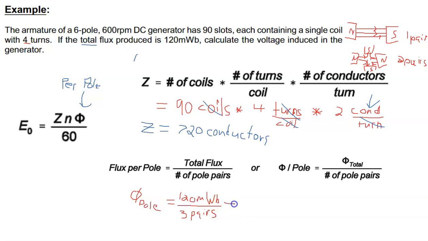That gives us 40 milliwebers per pole. We can call that, as a decimal without the milli, 0.04 Webers per pole.